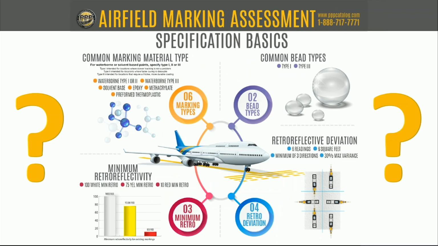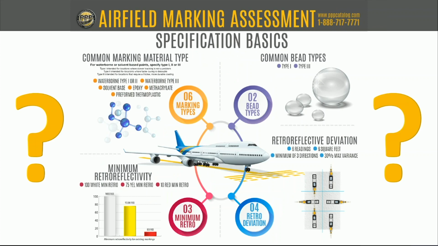Thanks for the question, Rhonda. That's essentially, since we can't use type 3s, the FAA allows us to use type 1 and type 4 beads, the other 2 approved bead types, with a caveat. The standard coverage rate for type 1 is 7 pounds per gallon of paint or whatever material, and then the standard coverage rate for waterborne paint for type 4 glass is 8 pounds per gallon.